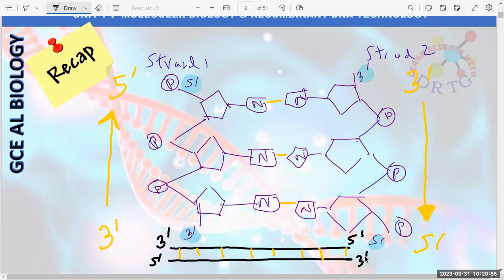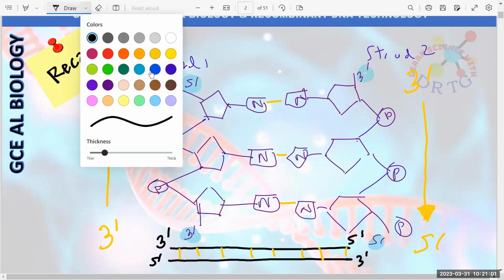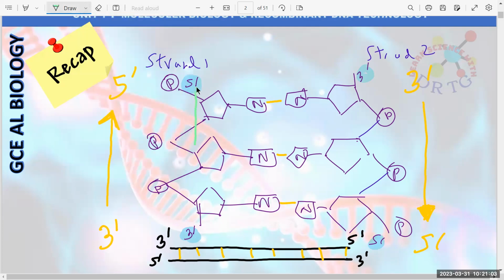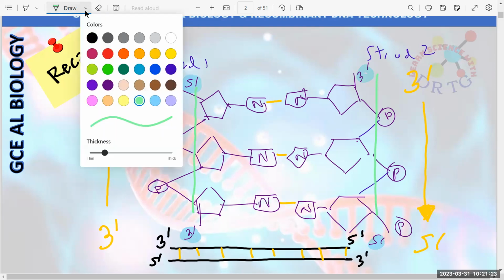As a result, the phosphodiester bond is a very strong covalent bond. So this bond is very strong, and this bond is very strong. In the middle, there is a weak hydrogen bond. This kind of two strong bonds on either side and the weak bonds in the middle results in twisting of the molecule.